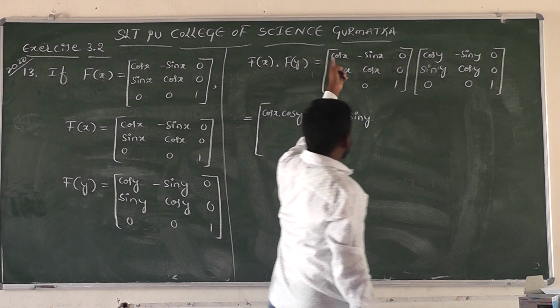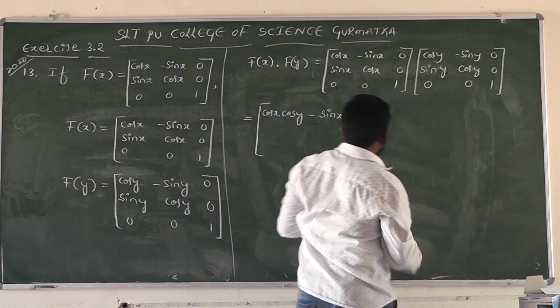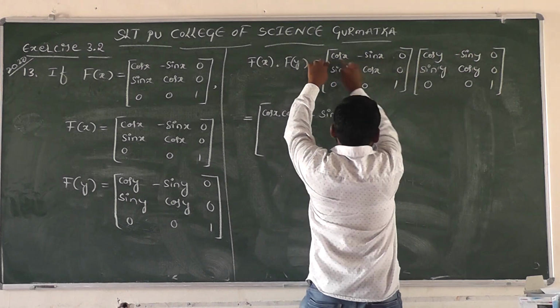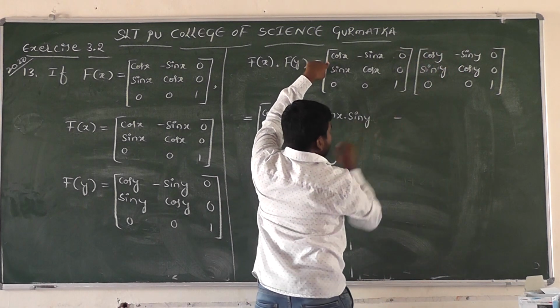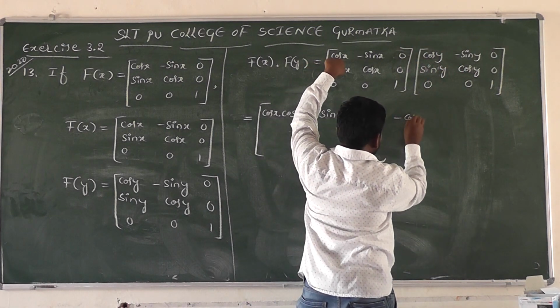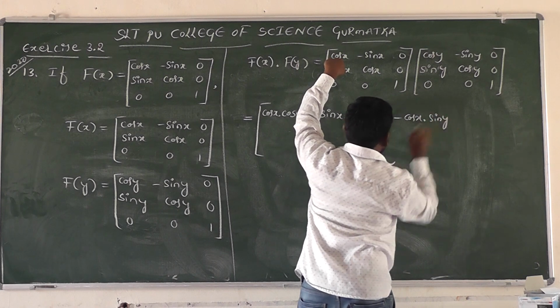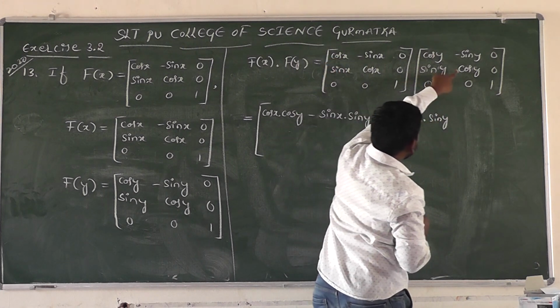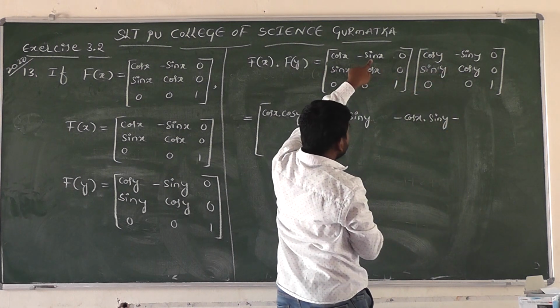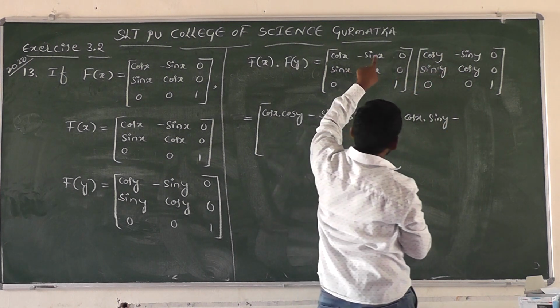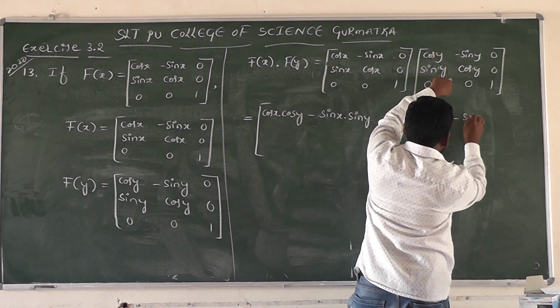Next, first row, second column we have to multiply. Cos x into minus sin y, minus cos x sin y. Next, minus sin x into cos y.